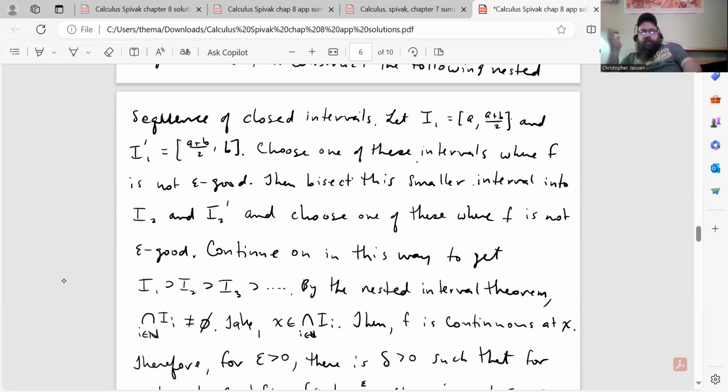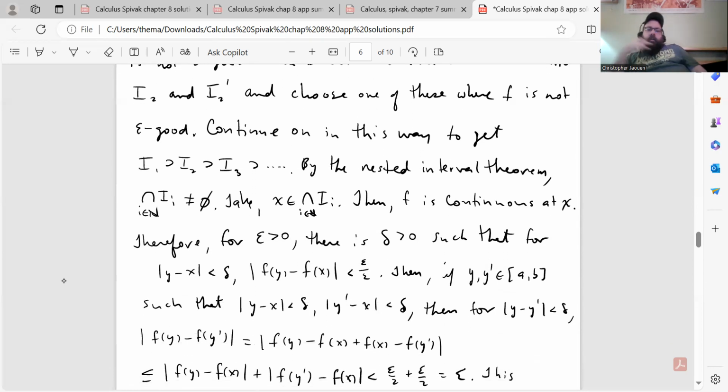So if we do that, we get this sequence of closed bounded intervals, I1, I2, I3, et cetera, that each contain the next one. So by the nested interval theorem, the intersection of all those intervals is not empty. Take a point x in the intersection, then f is continuous at x because we know f is continuous on the entire interval from A to B.